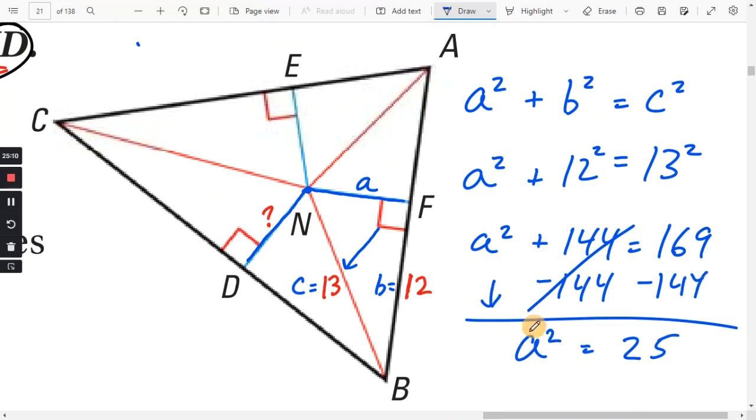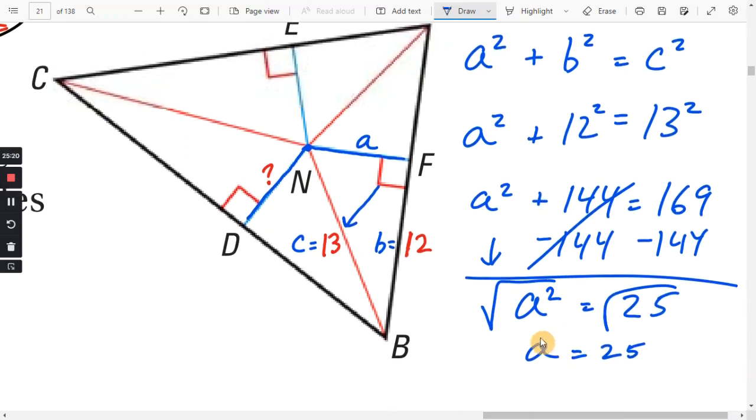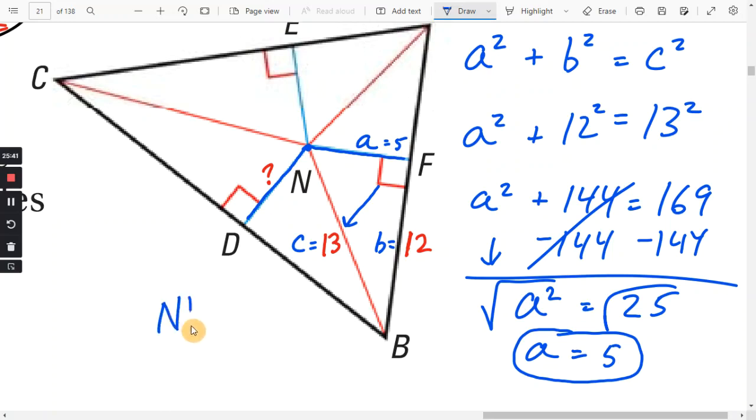The opposite of squaring something is to take the square root. So a is the square root of 25, which is just 5. And you don't want to use negative 5 because we're dealing with side lengths here. So a is 5, which means this side is also 5. So ND, or DN, either way, is going to equal 5.